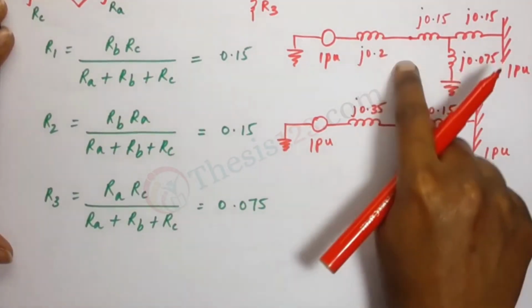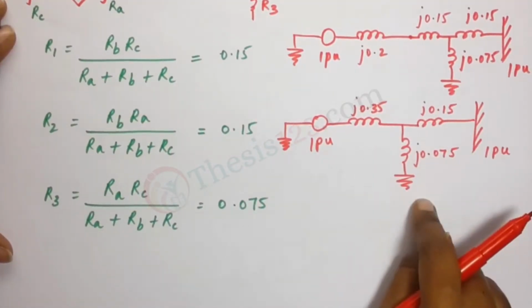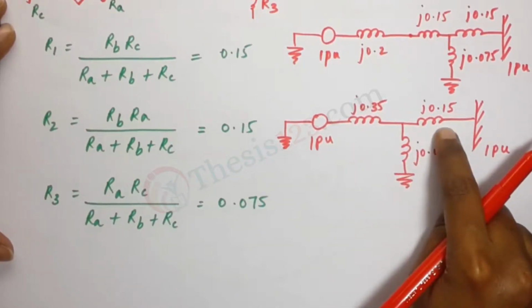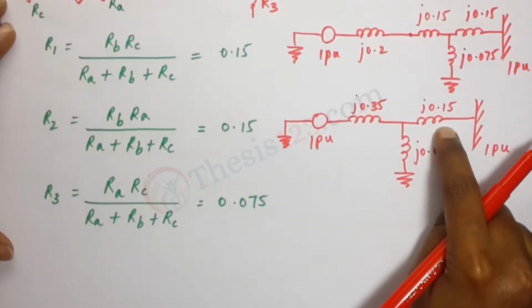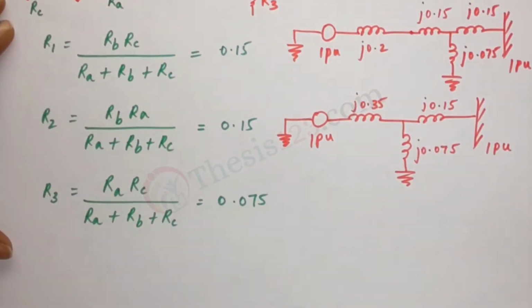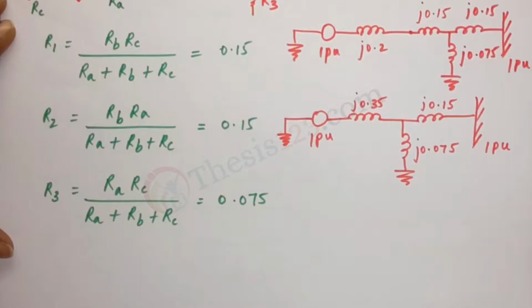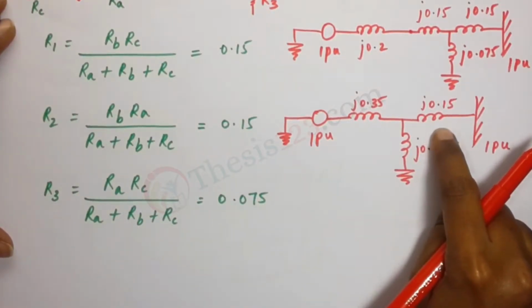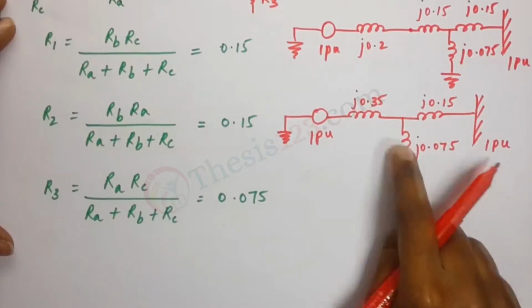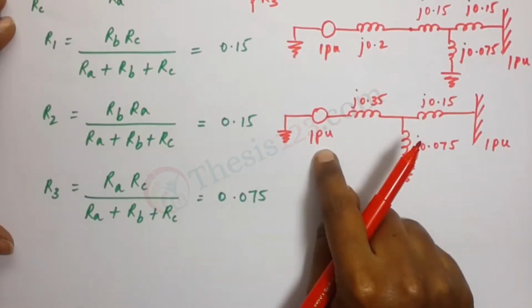Now you will notice that we have a star connected form here with 3 impedances. We cannot solve this because we have one impedance connected to the infinite bus, one which is grounded, and one connected to the source.